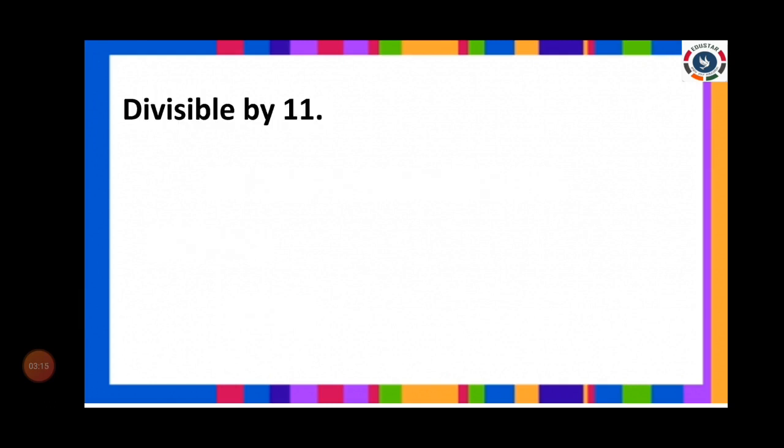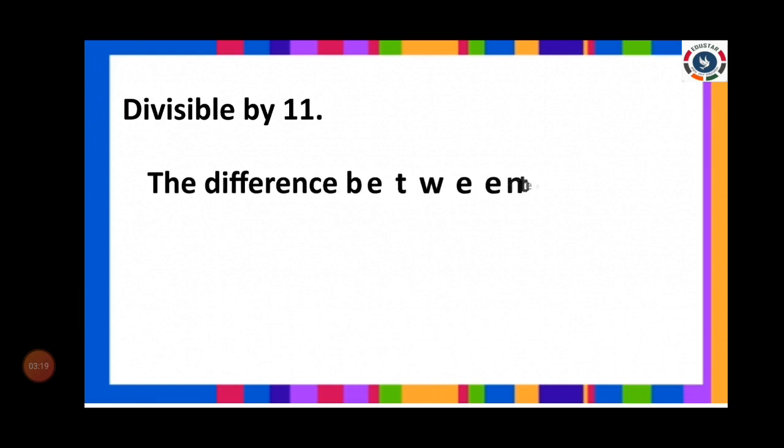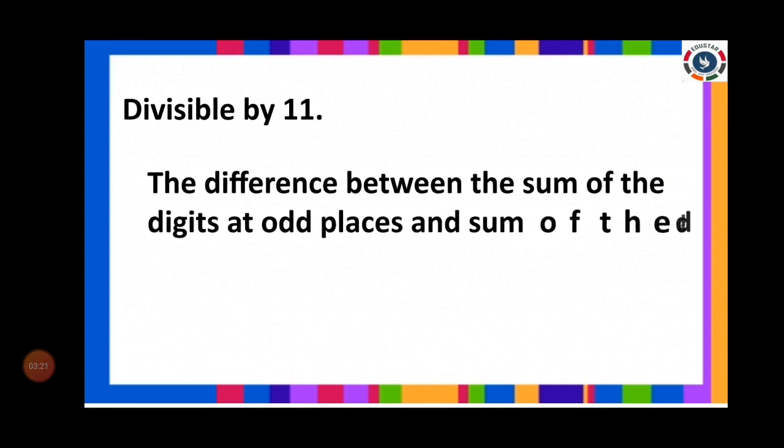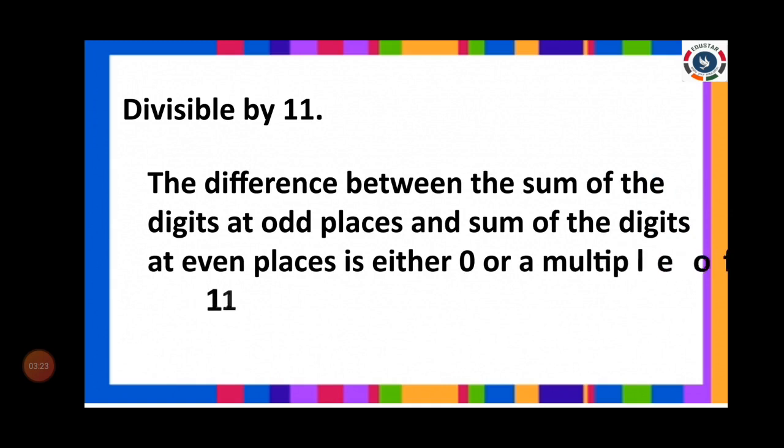Then divisible by 11. The difference between the sum of the digits at odd places and the sum of the digits at even places is either 0 or a multiple of 11.